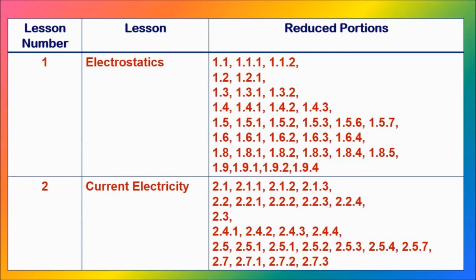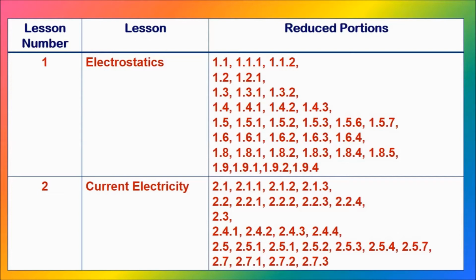These are the contents: Introduction part, then 1.1.1, 1.1.2, 1.2, 1.2.1, 1.3.1, 1.3.2, 1.4.1, 1.4.2, 1.4.3, then 1.5, 1.5.1, 1.5.2, 1.5.3, 1.5.6, 1.5.7, 1.6.1, 1.6.2, 1.6.3, 1.6.4, then 1.8.1, 1.8.2, 1.8.3, 1.8.4, 1.8.5, then 1.9.1, 1.9.2, 1.9.4.